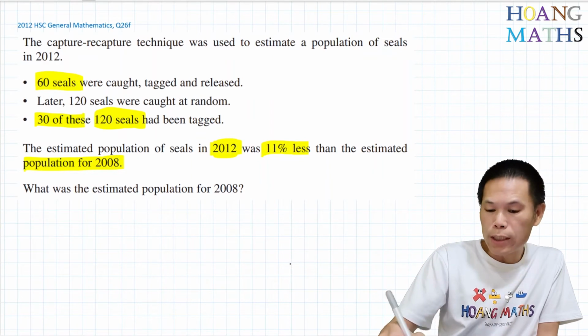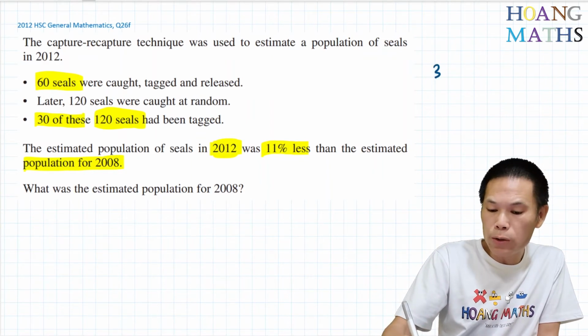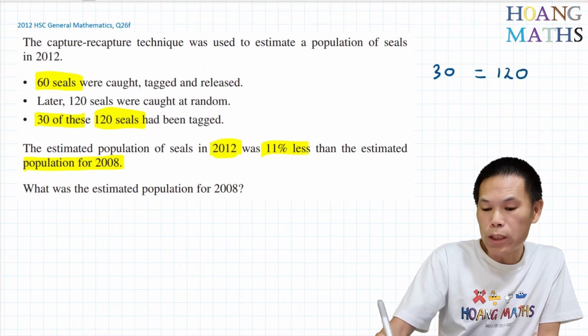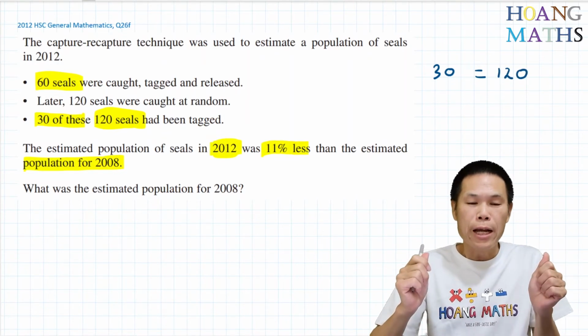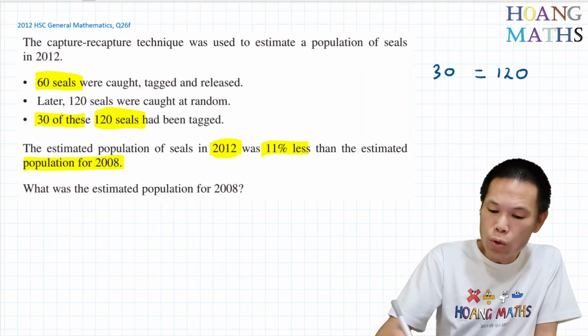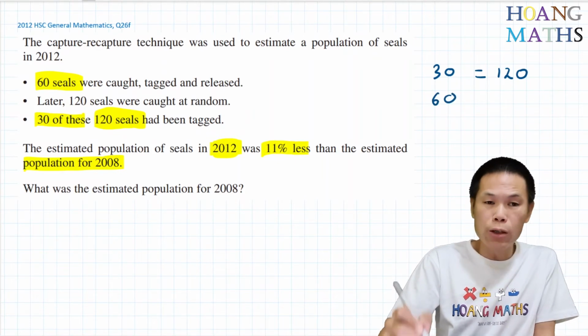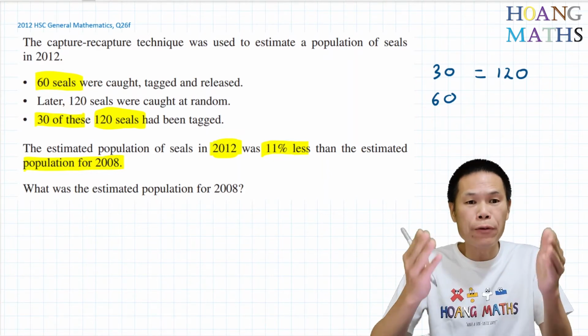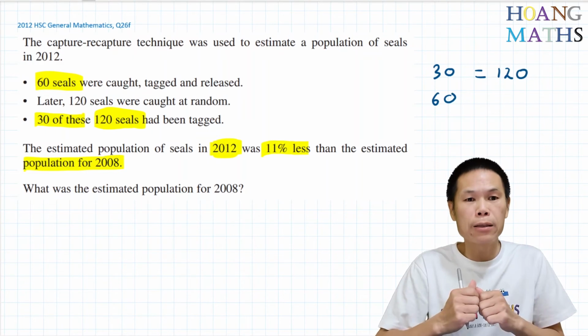So let me just write this down. For 30 seals tagged, there are 120 seals altogether. Now, to work out how many seals altogether, we need to work out 60 seals because 60 of them are tagged. Because if we catch all of them, we'll definitely find 60 of them are tagged.